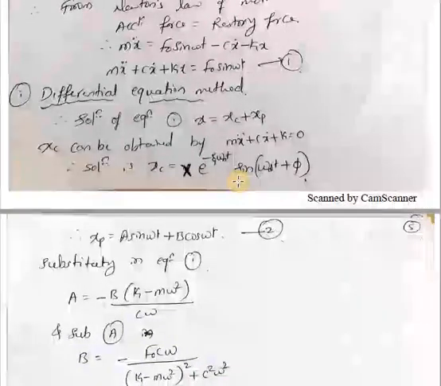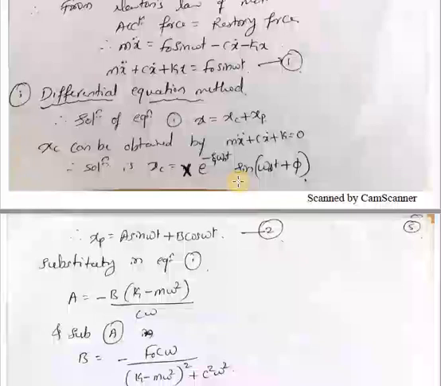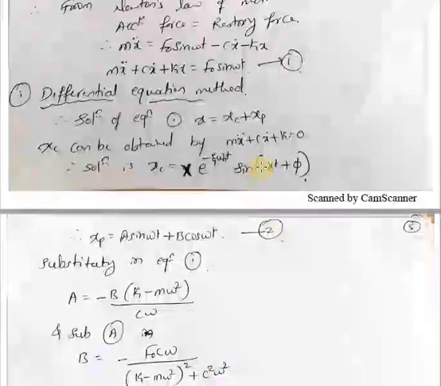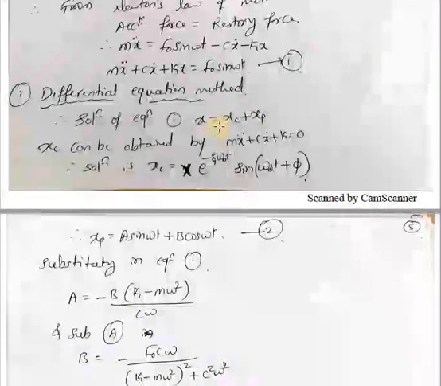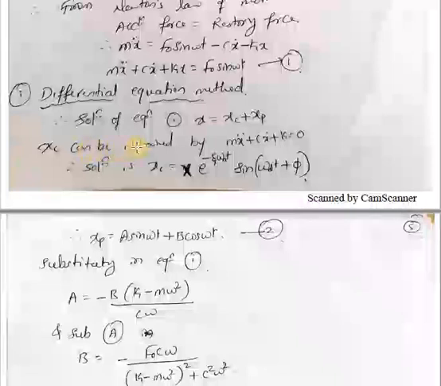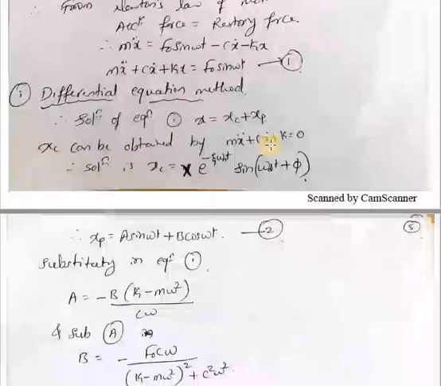So the solution of this kind of equation also consists of two parts. One is the complementary function and the other is the particular integral function. Directly we can write the solution for equation number 1 as x equal to xc plus xp, where xc can be obtained from the differential equation mx double dot plus cx dot plus kx equal to 0.